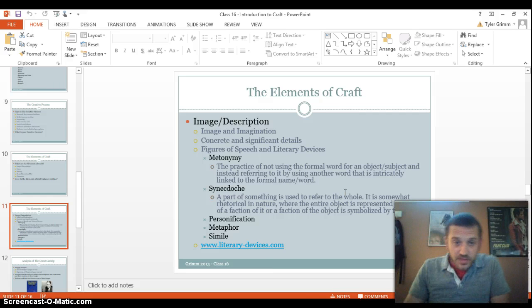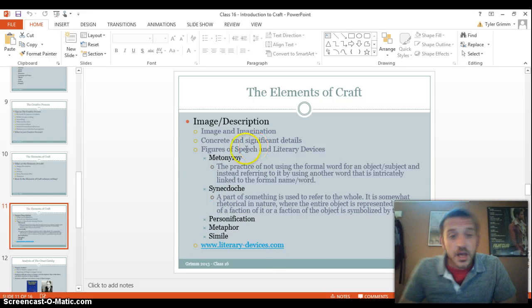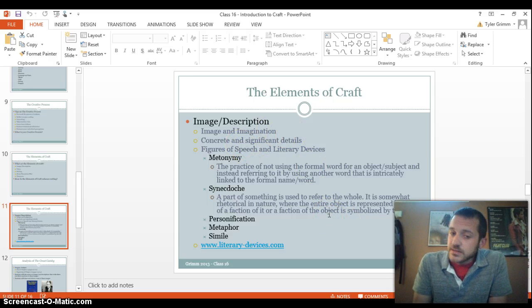So this slide is actually from my English 100 class, and it basically provides the same information that is on your Elements of Craft handout. So imagery, details, and description. These are tools that we use to aid in the telling of a story.